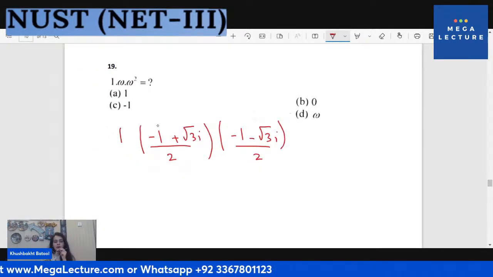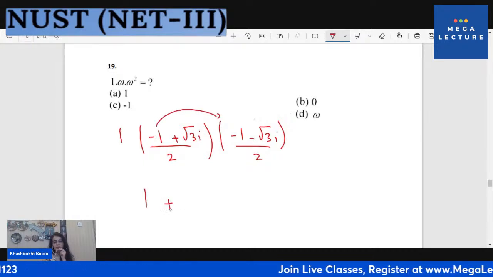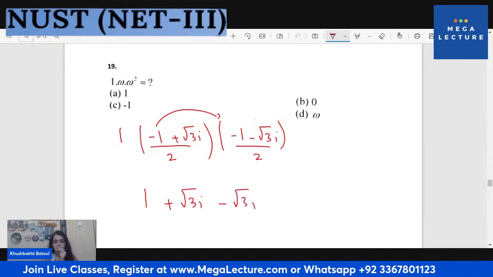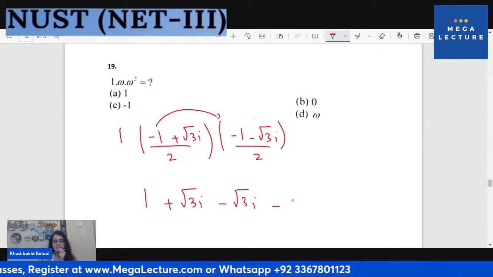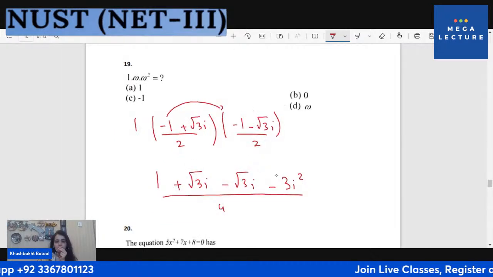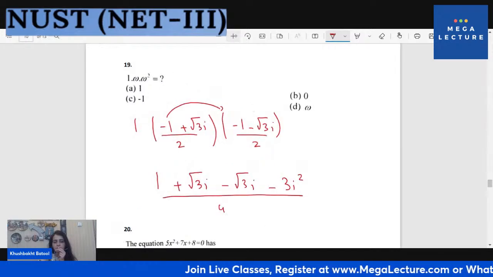I can multiply it and it would give me minus 1 into minus 1, which is 1, then plus root 3 iota, and then minus root 3 iota, and then minus 3 iota squared divided by 4.